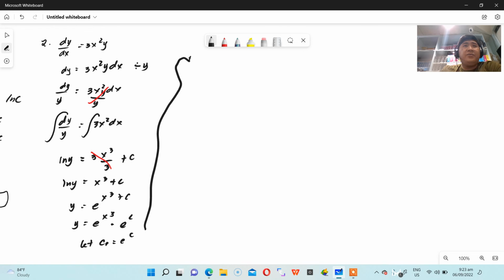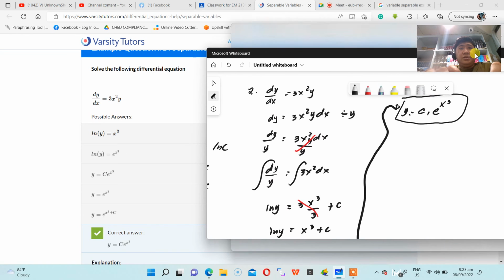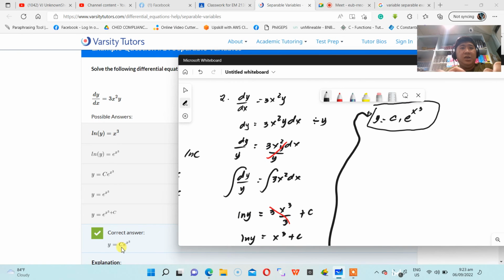Then, we have the answer of y is equivalent to c sub 1 e raised to the power of x cubed. So let's see if our answer is correct. Yeah. So we have c e raised to the power of x cubed.